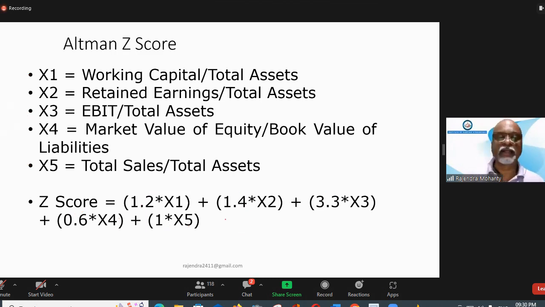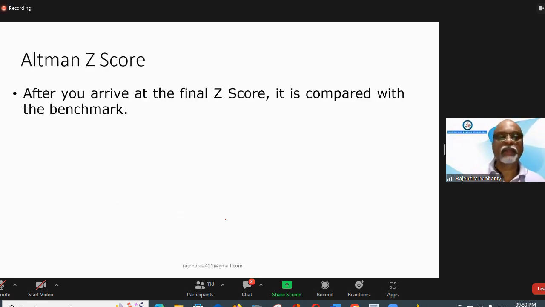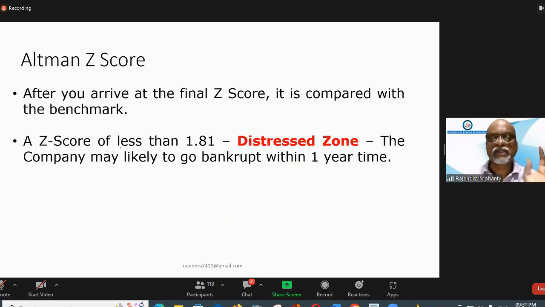And according to that, what Altman has told, that is the score you get. If your Z score is less than 1.81, then it is in the distress zone. That means the company is likely to go bankrupt within 1 year.